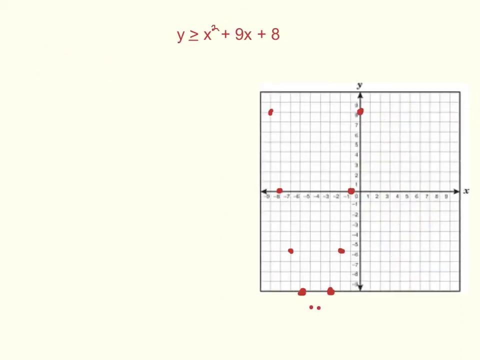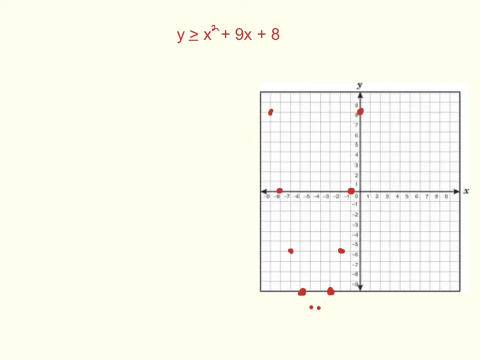Okay, our last example is y is greater than or equal to x squared plus 9x plus 8. So now at this time, if you need to pause the video, you can, so that you can plot the points you see here or put it in your graphing calculator.